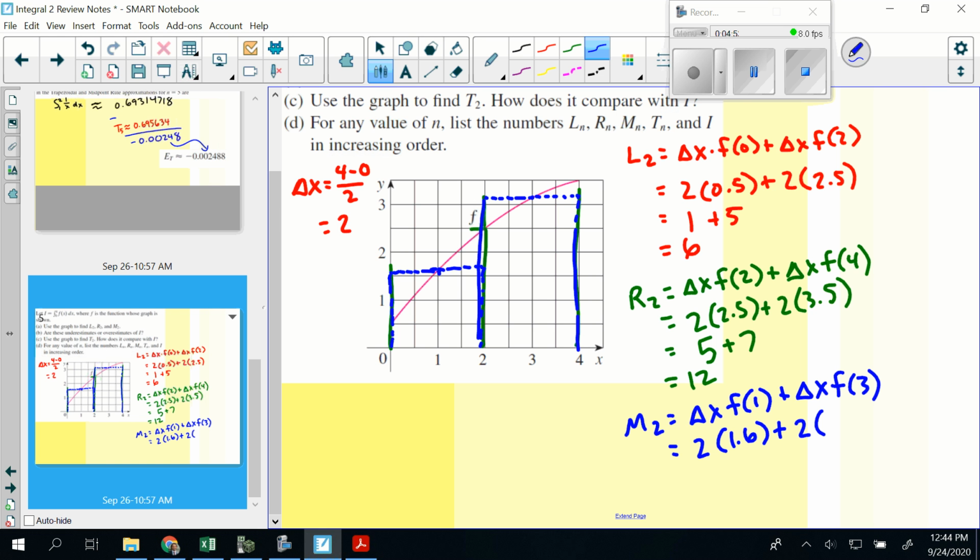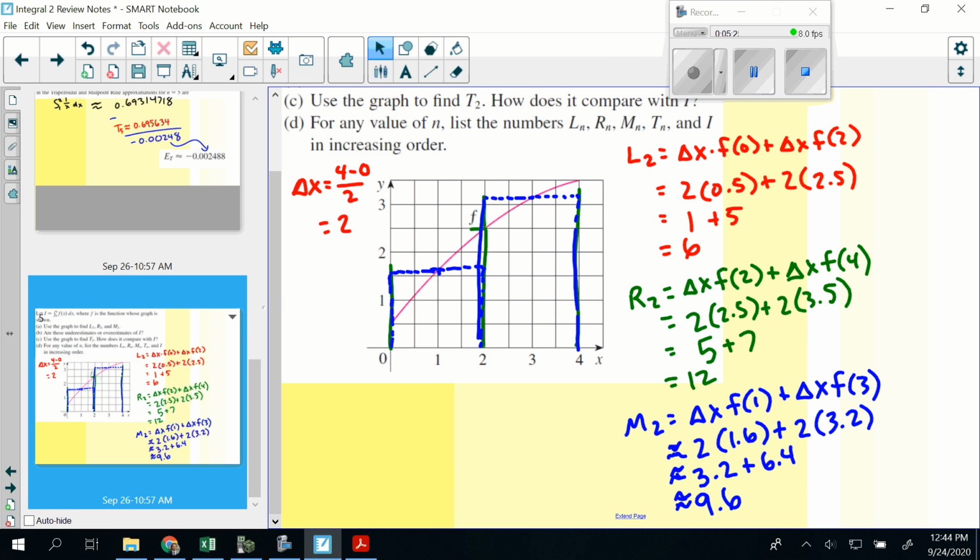Our f of 3, it's a little bit over 3 there, maybe like 3.2, we'll go. So what do we get here? If we double 1.6, we get 3.2. If we double this, we get 6.4. So it looks like it's about 9.6 would be our approximation. This one's more of an approximation here. All right, so that would be those three values.